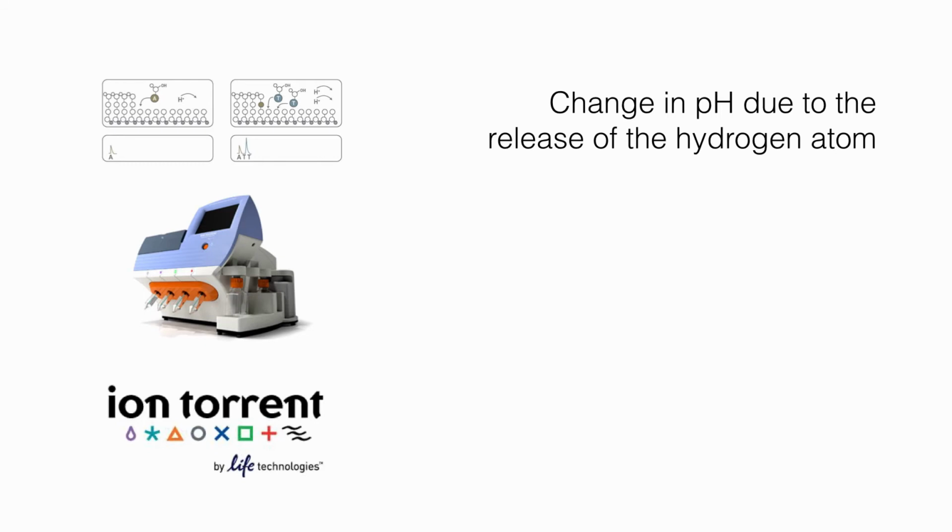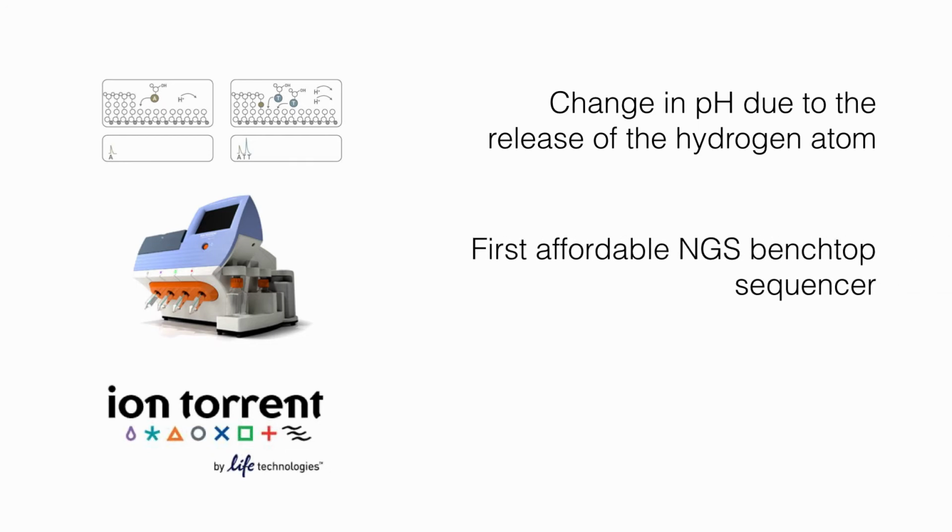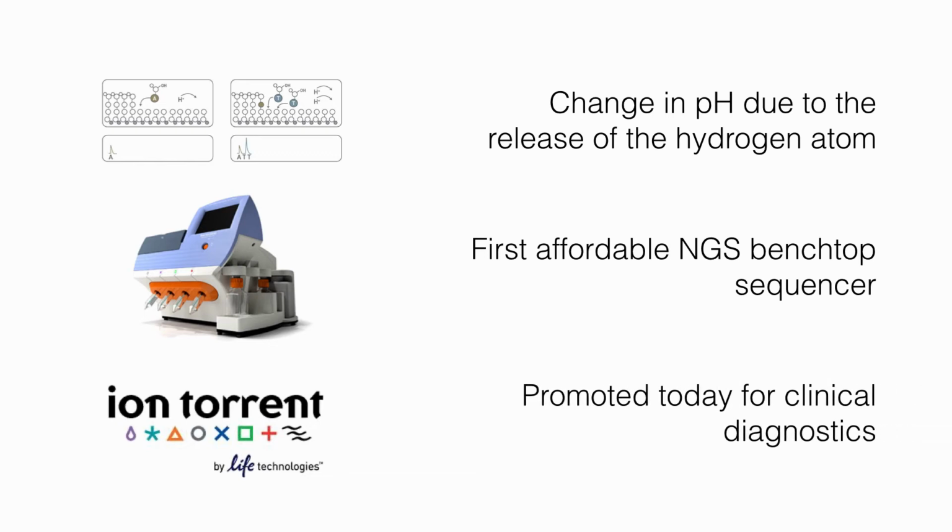PGM was the first affordable NGS benchtop sequencer sold on the market for less than $50,000 US. Our own Caribbean Genome Center was started with the purchase of Ion Torrent PGM. This machine was popular in the hospitals and was promoted by its parent company, Thermo Scientific, for clinical diagnostics of germline and somatic mutations.